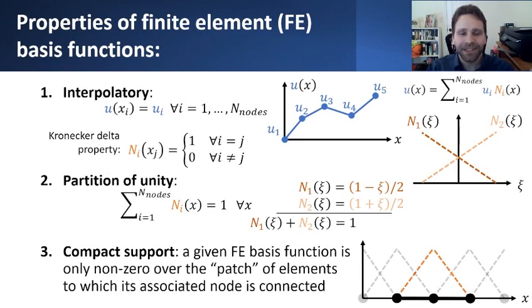It so happens though that if you have a particular choice of basis functions that satisfy this compact support property, then the consequence is that your resulting stiffness matrix won't have fully dense entries. You'll have a lot of zeros showing up in these arrays. And that can be a source of great computational efficiency if you can leverage these sparsity properties of your stiffness matrix in order to avoid having to deal with all these potentially non-zero entries.